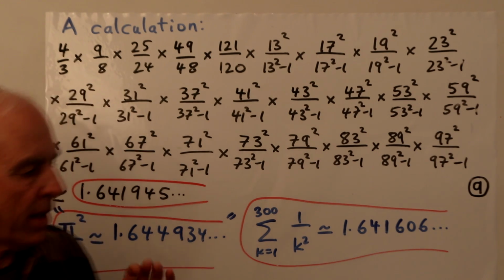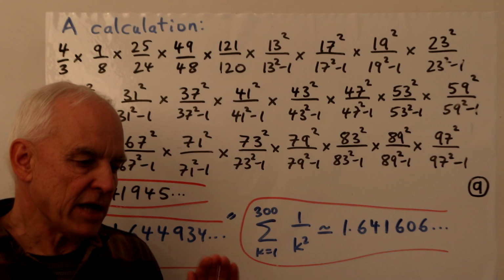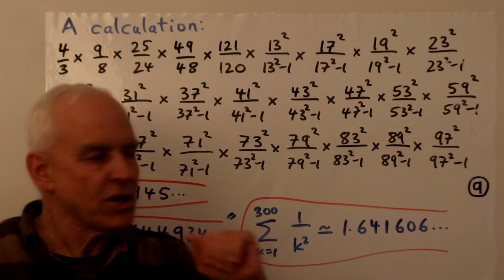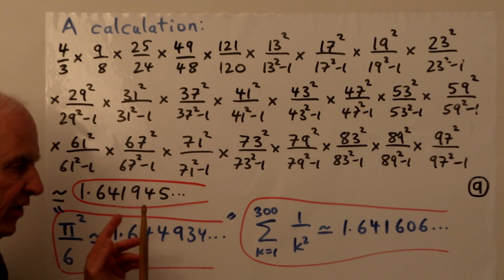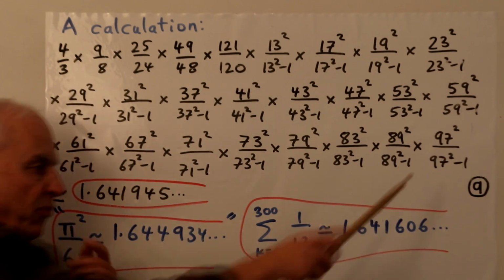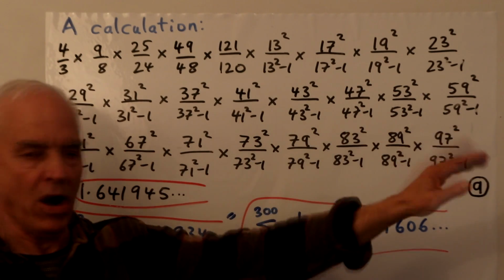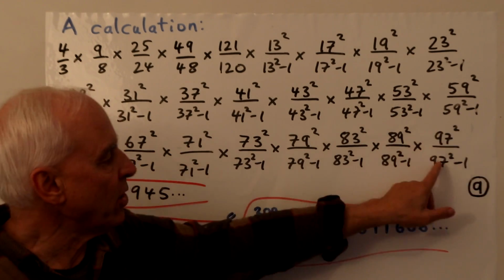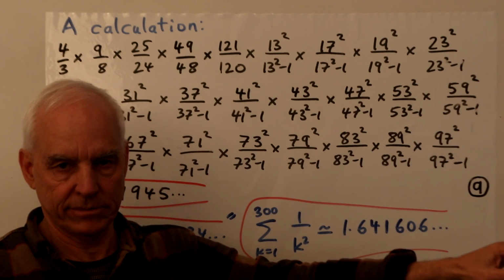Now, at this stage here, we can also perhaps appreciate that this kind of information is telling us something about the growth of primes. So let's suppose that we stop at this level here and pause for a second and ask, okay, what's going to happen from here on? If the primes from here on get really far apart and they get big fast, then we're going to be multiplying by numbers which are really close to 1.